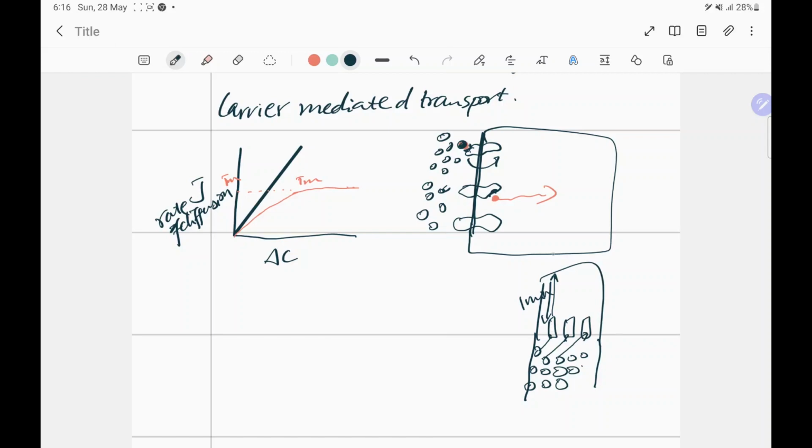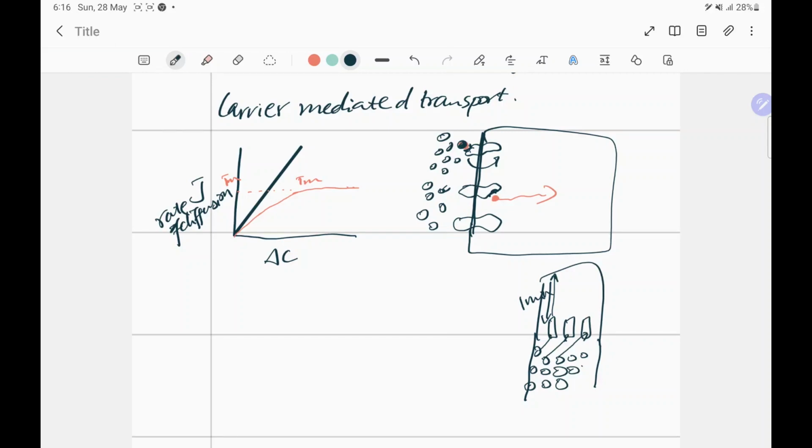You reach a limit. In this case, it would be 3 people per minute that can reach the top per unit time. So this is your carrier mediated transport, which has a limitation of transport maximum.